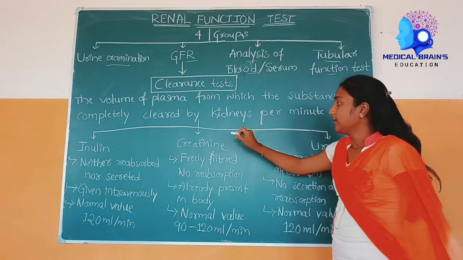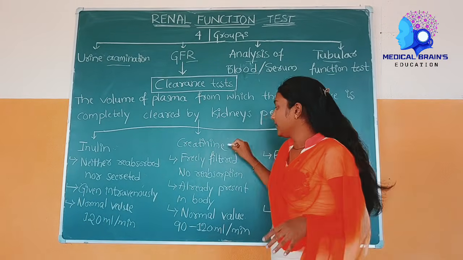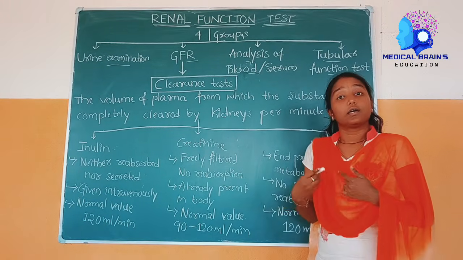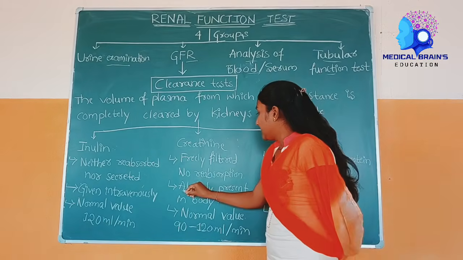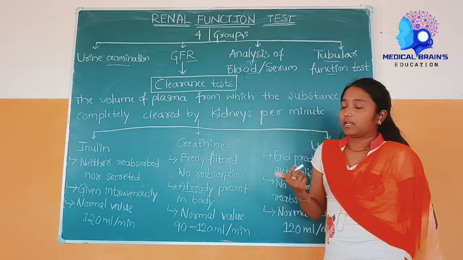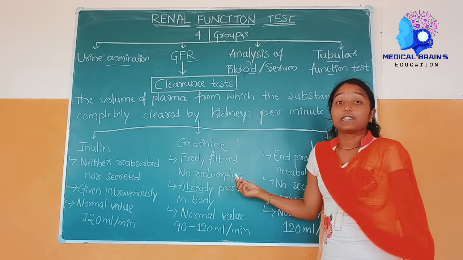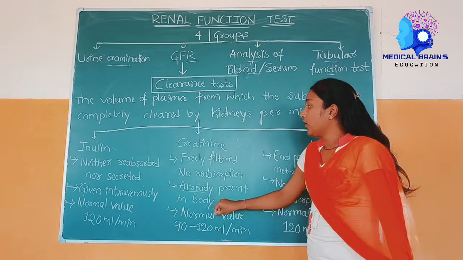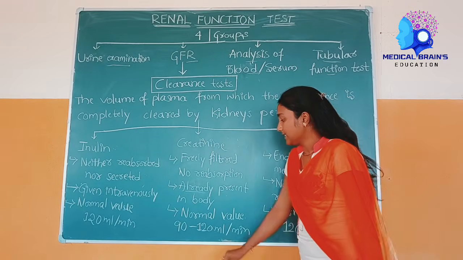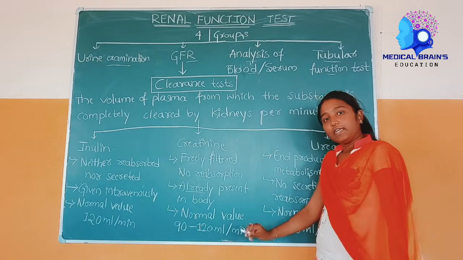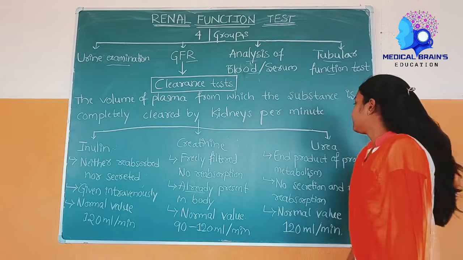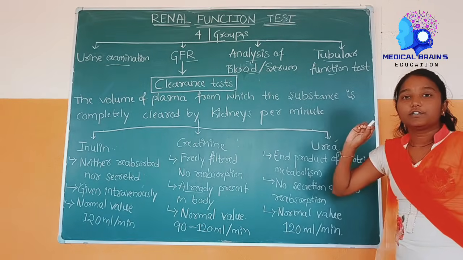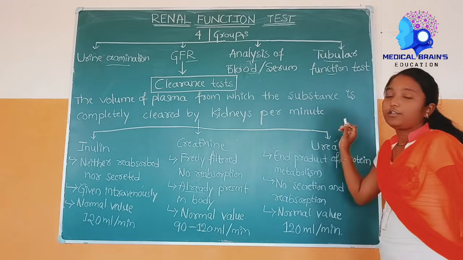Creatinine is freely filtered and there is no reabsorption, and it is already present in our body, so there is no need to give it intravenously. The normal value of creatinine is 90 to 120 ml per minute.